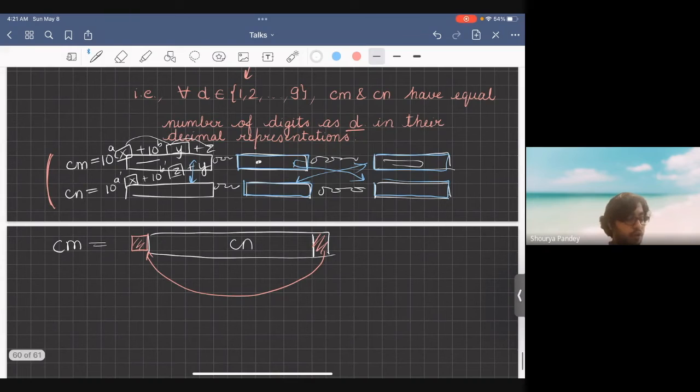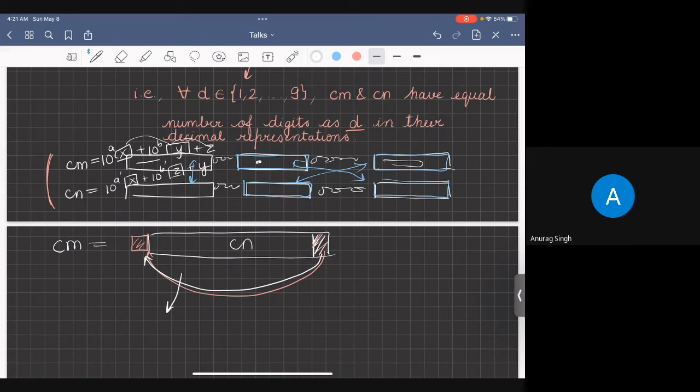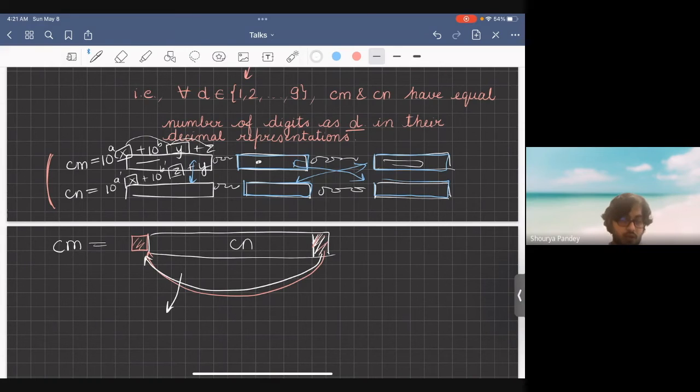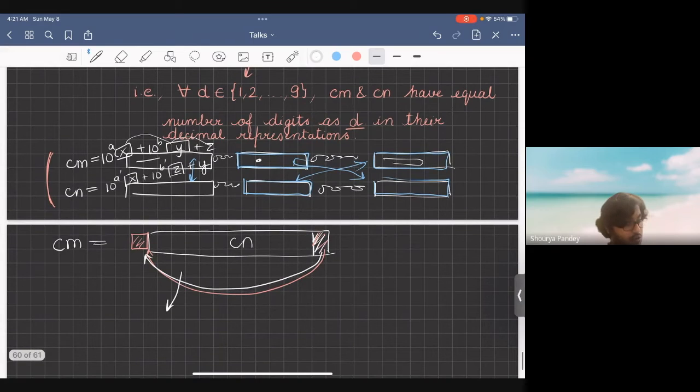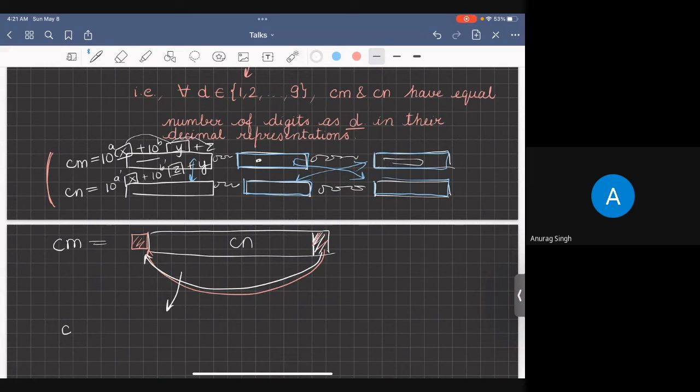Suppose I wanted to show that this is possible, then how will I formulate this mathematically? I want to show that there is a C such that Cm is obtained by just moving the last digit of Cn to the front. Let the number of digits of Cn be some k.